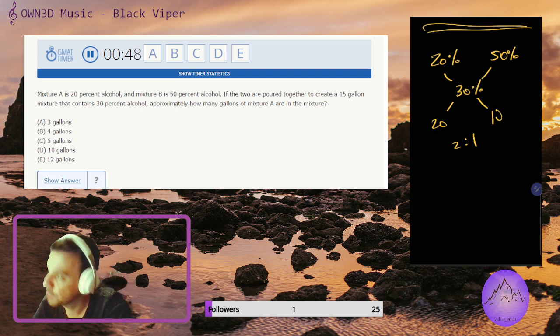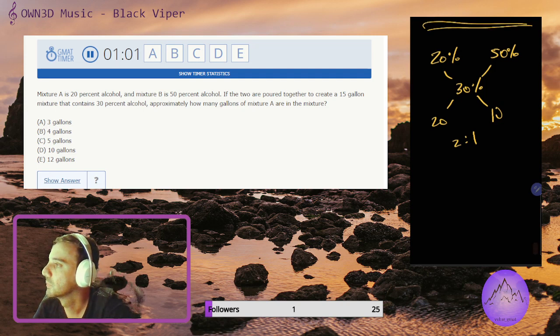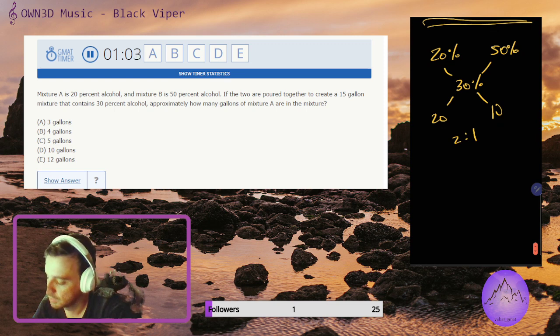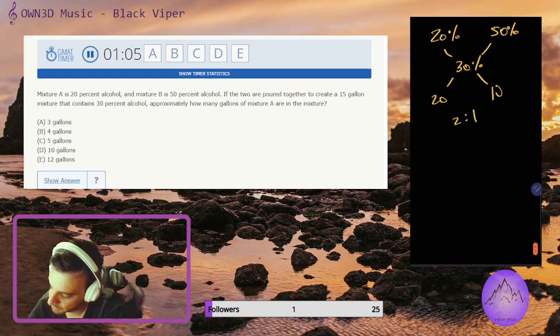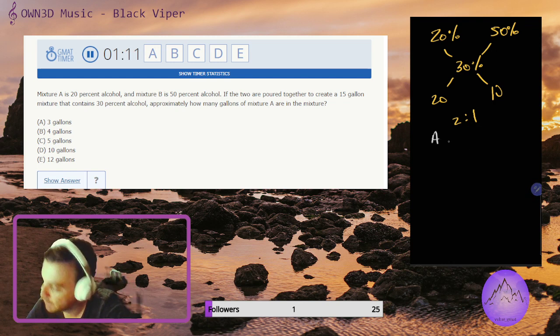It's a 2-to-1 ratio of mixture A to mixture B. So 2-to-1 ratio, if it's 15 gallons, means A is going to be 10 gallons.